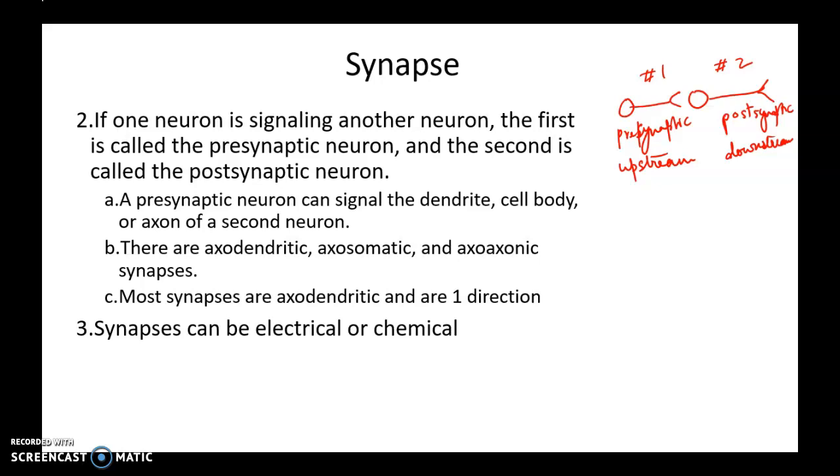And how do neurons communicate with each other? Well, let's say this is a postsynaptic neuron, and these are the dendrites, okay?